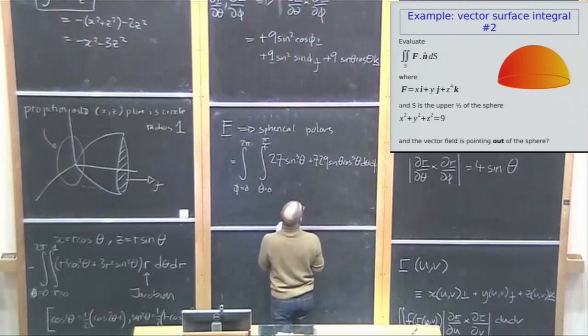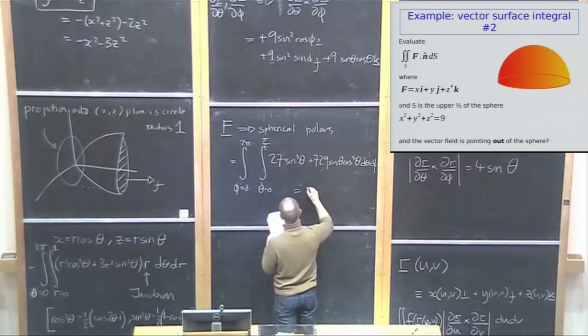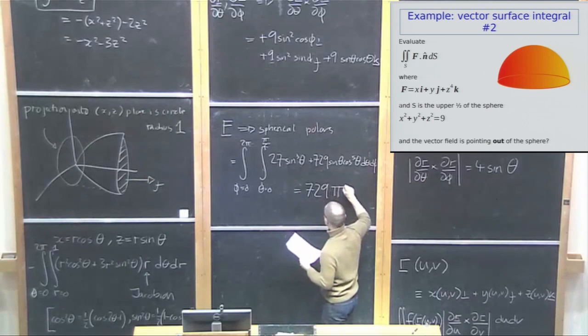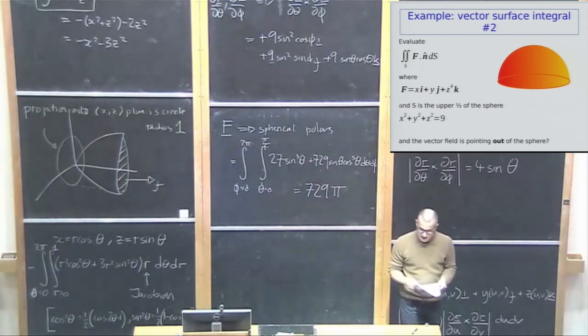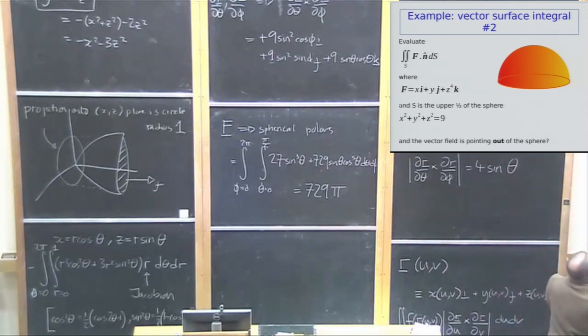There is some algebra, and actually it's not quite as bad as it seems, and you end up with an answer of 729 pi for this particular vector surface integral.